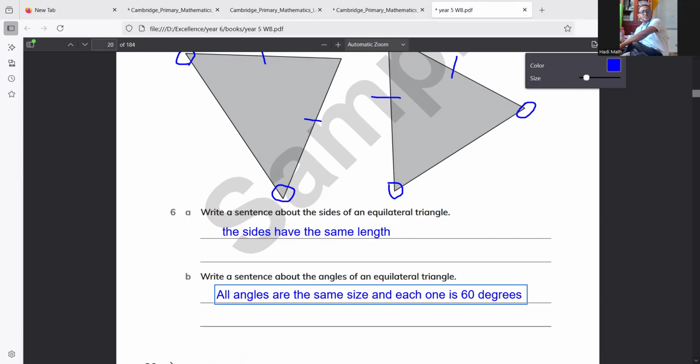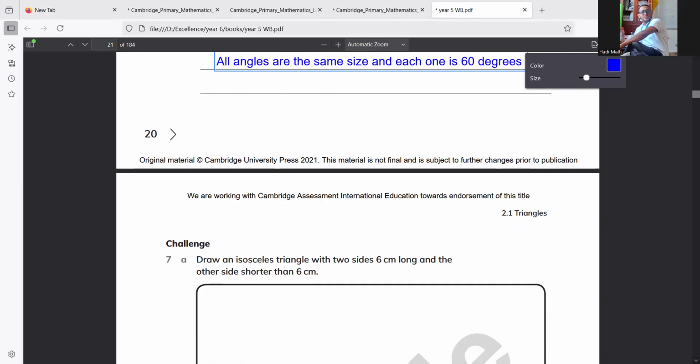Each one is 60 degrees because we said in any triangle, all the angles add up to 180. When you divide 180 by 3, because they are equal, each one will be 60 degrees.